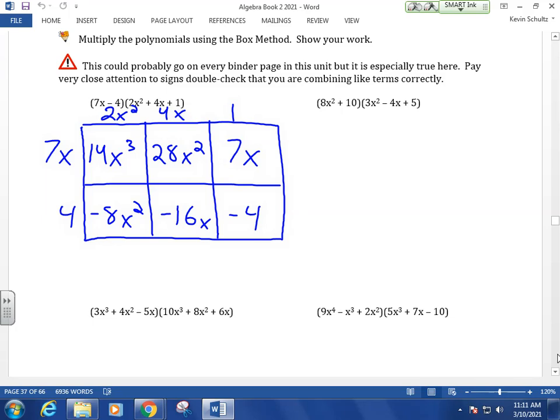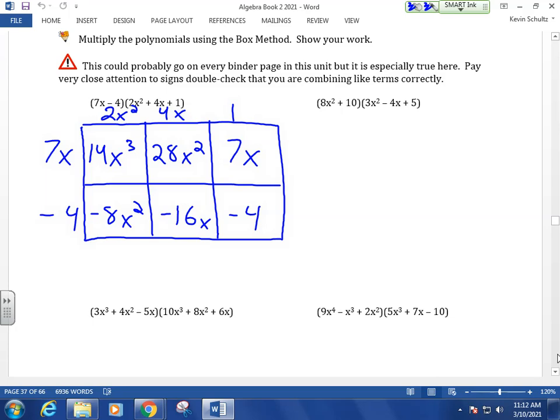If you put positive 4 here instead of negative 4, then all these terms in your second row will be positive, which not only makes them wrong, but then when you go and combine like terms, if that's a positive 16 and a 7x, that's going to be a different sum than what it should be, which is negative 16 and positive 7x. So make sure that you are keeping track of negative signs and exponents and all that stuff.